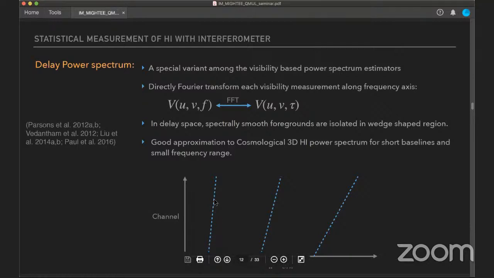So they probe different k perpendicular modes, and this effect is much more severe if we go to higher baselines. As long as we are restricted to short baselines and a small frequency range, the delay power spectrum is a good approximation to the actual cosmological 3D H1 power spectrum. This has been studied widely for epoch of reionization experiments, something like PAPER, MWA, HERA, etc.